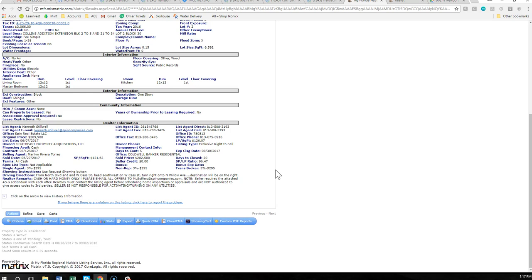ARV is after repair value, after it's renovated: what is it going to sell for? Or you can look at your cash property comps, your as is comps, in messed up condition. So buy or as is, and then sell or ARV.